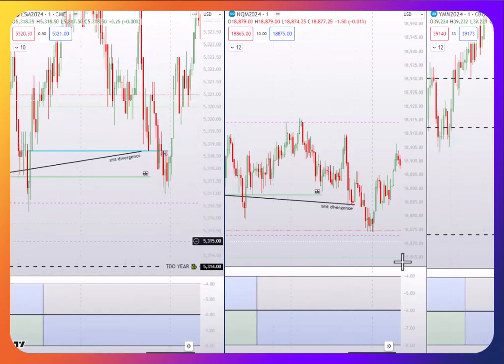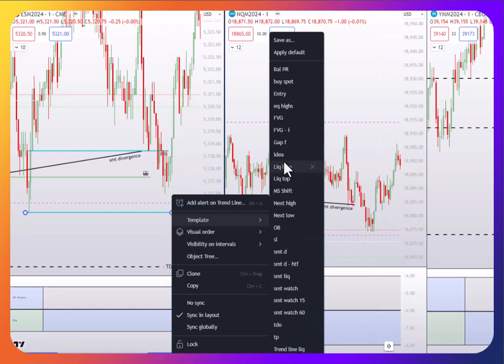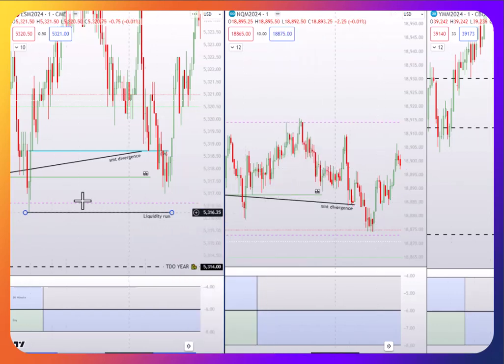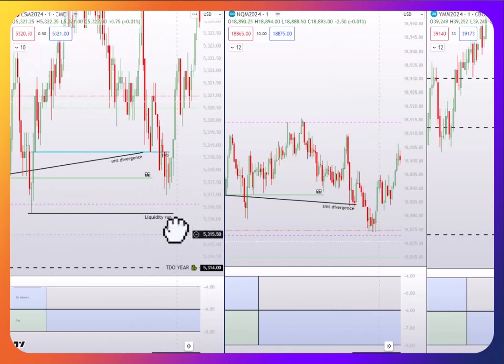Now you can see that this low is not violated. Even if it is violated, that is fine because it could just be a liquidity grab. I'll still treat it as I want long positions. I would not treat it like I want short positions.